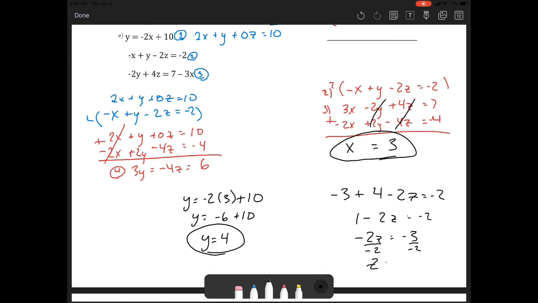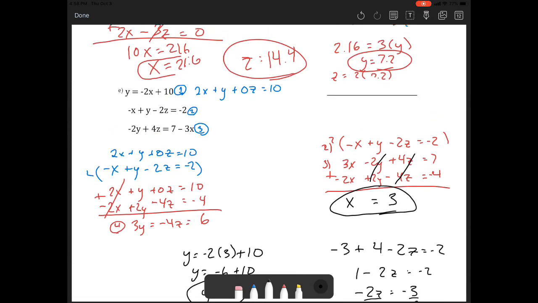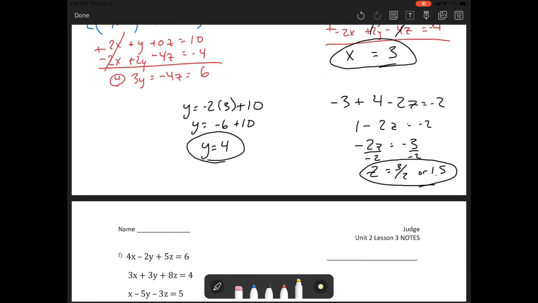Divide by negative on both sides, and I get z equals 3/2 or 1.5. So it means my answer should be 3, 4, 1.5, or it can be 3, 4, 3/2. Both are perfect answers in what we need.